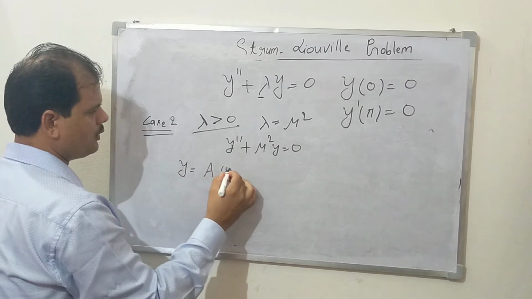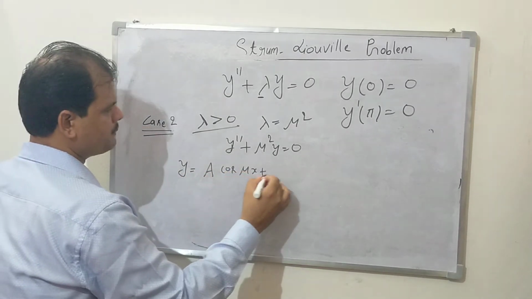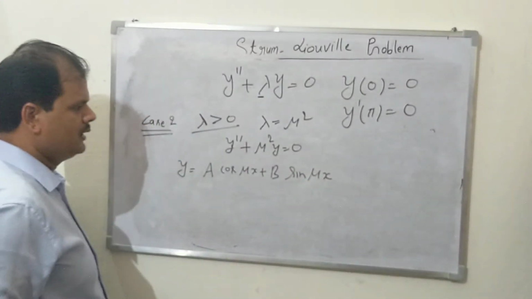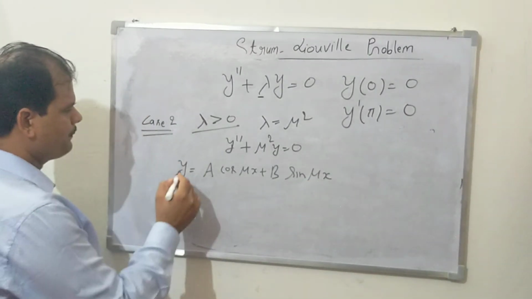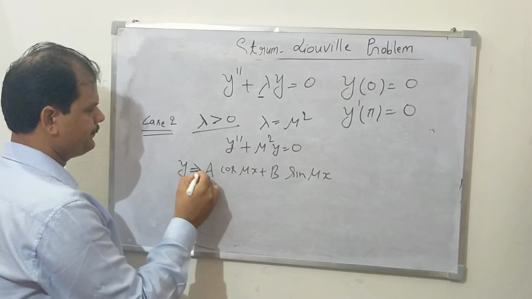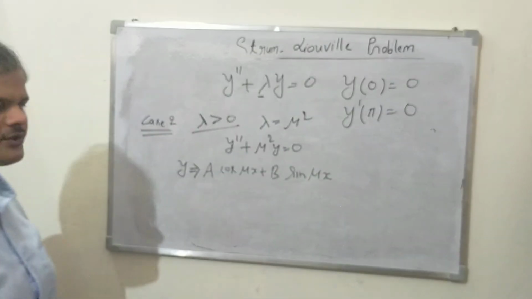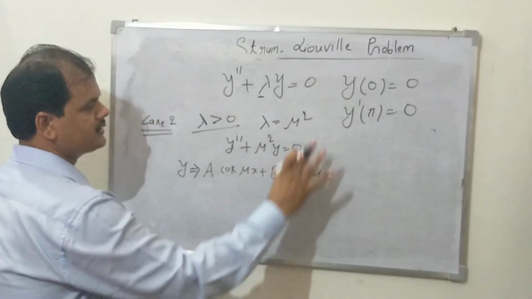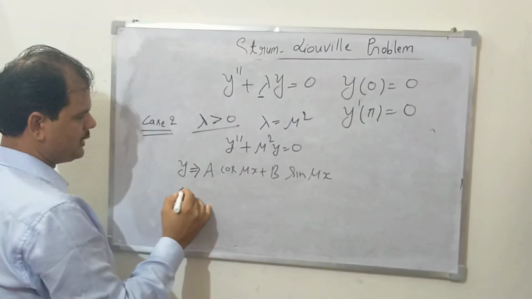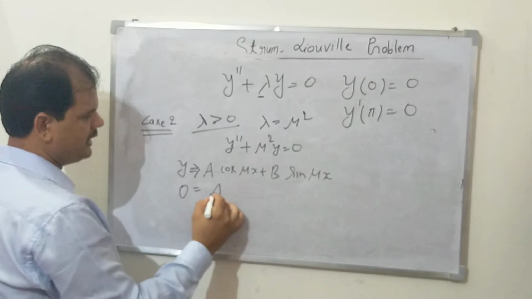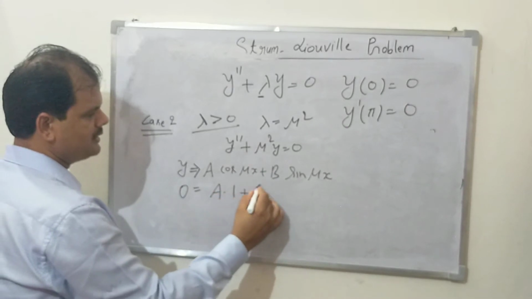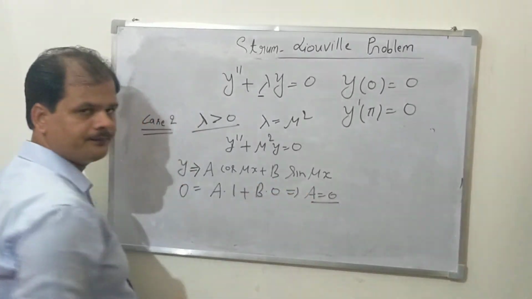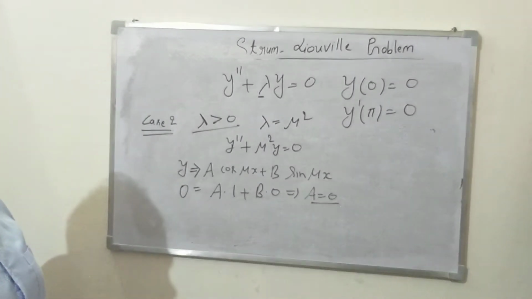We get y equal to a cos mu x plus b sin mu x. This is the solution of this equation for positive lambda. Now let us apply the boundary condition y(0) equal to 0. So what we get? 0 equal to a cos 0, which is 1, plus b sin 0, which is 0, which implies a equal to 0.